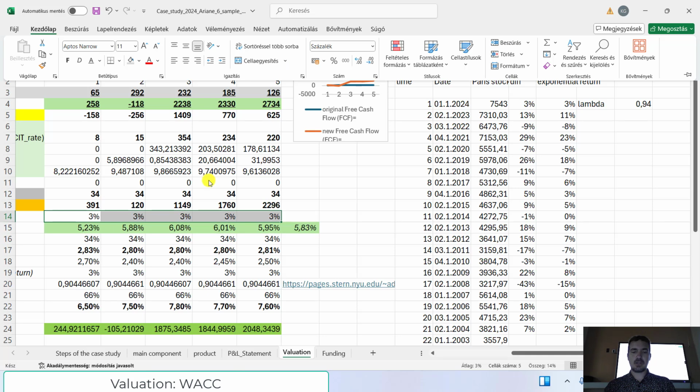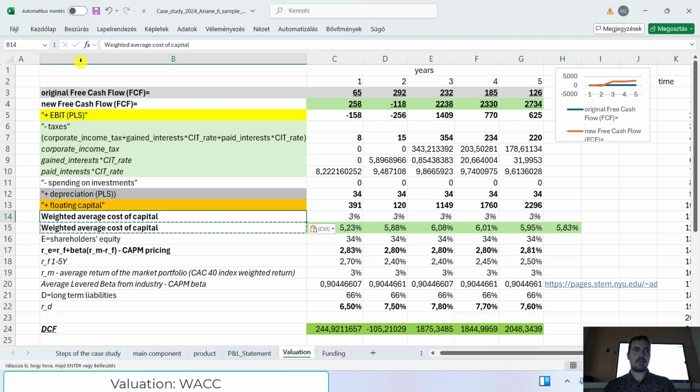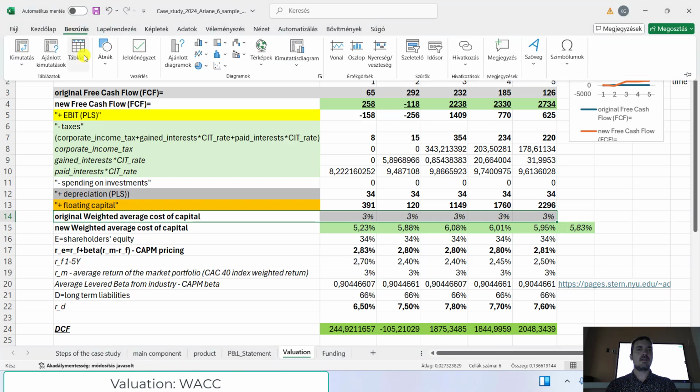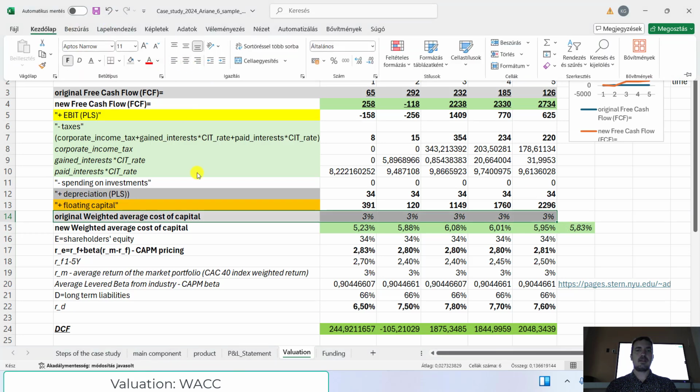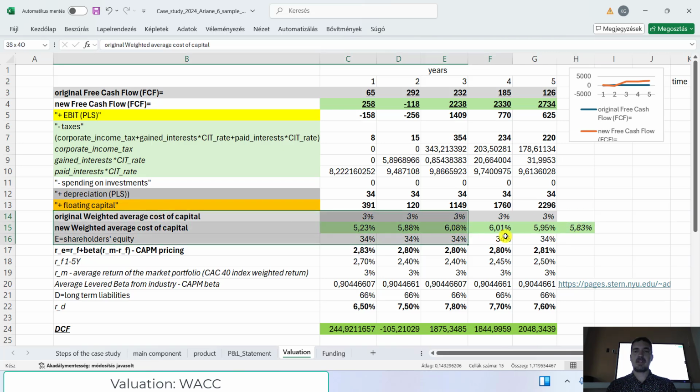This is percentage, and this should be in italics. So original WACC, new WACC. Here you can see an average of these WACCs, because it will be easier in the future just to compare the different data.